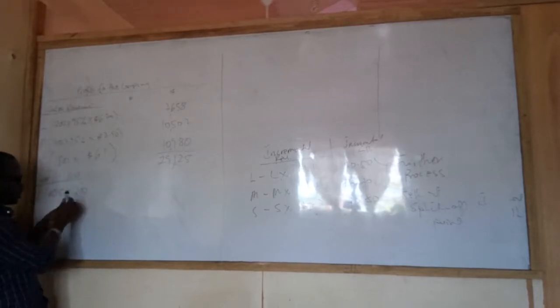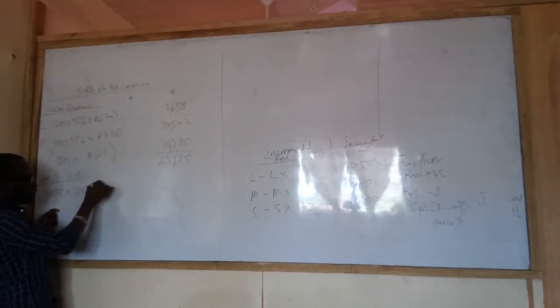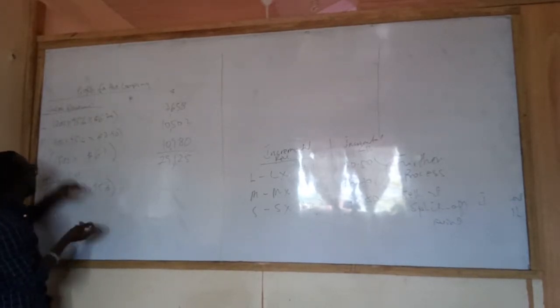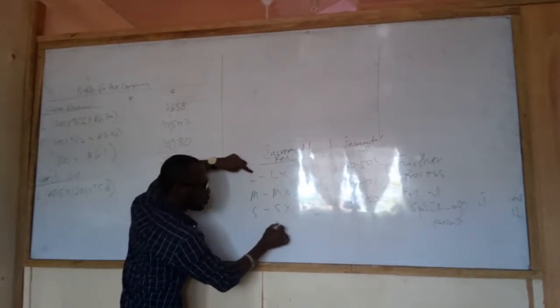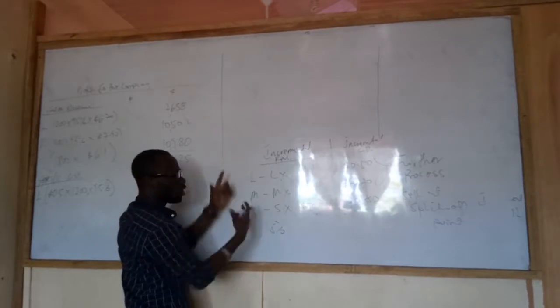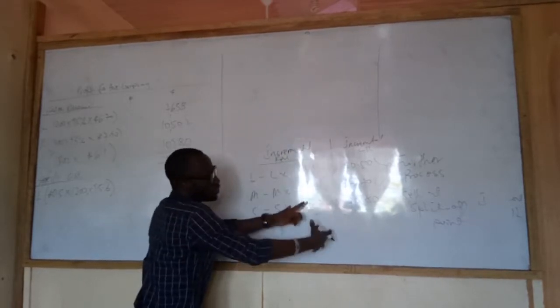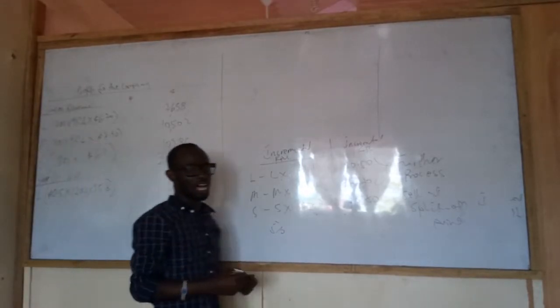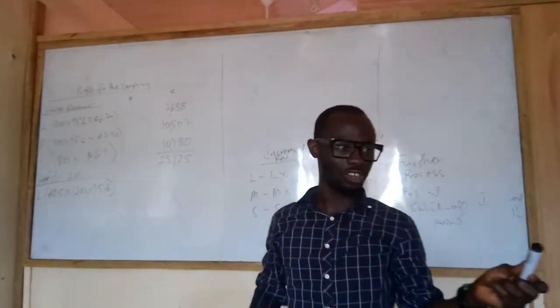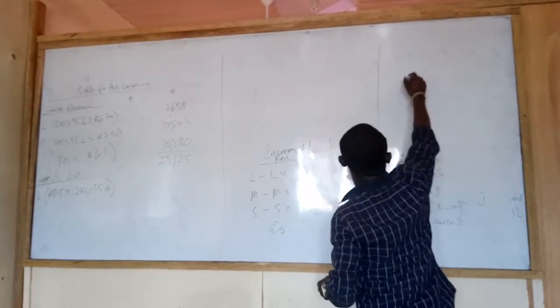That means we need to take 95% of this. Because when we say L is now LX, we are told that 5% will be missing. So if you want the output for the further process, it's actually 95% of the unprocessed output. You get the idea?